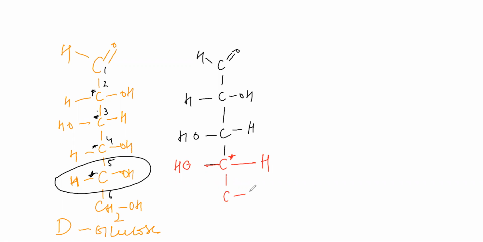This is OH here. Using the black color so that you'll come to know this is OH and H. 1 carbon, 2 carbon, 3 carbon, 4 carbon, 5 carbon, and 6 carbon. This structure is known as D-galactose.